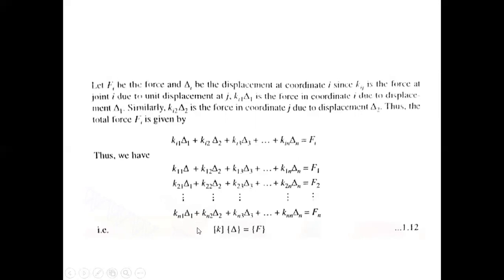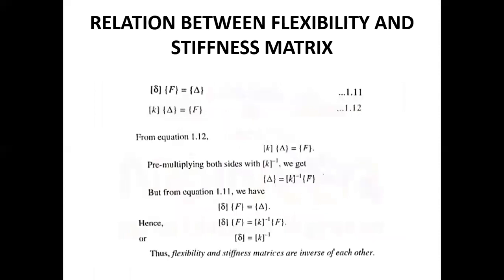Now, there is a relation between stiffness and flexibility. We'll quickly see this. This is the stiffness equation. We can write it over here by multiplying k inverse to both sides. The k inverse will be cancelled by this term k. It will become delta, and the k inverse is over here.